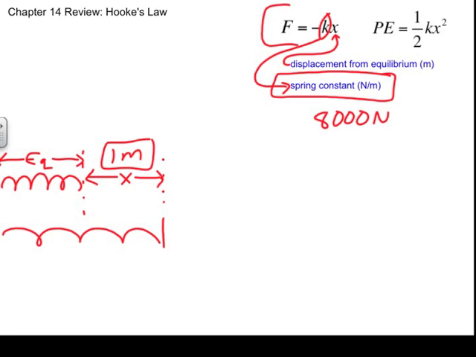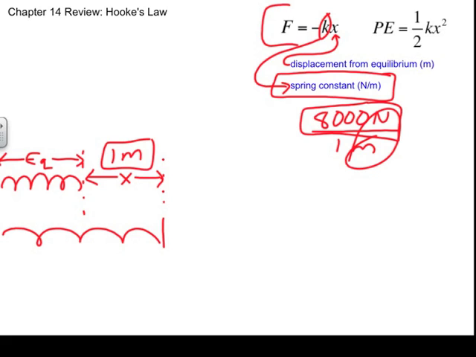So I had to use 8,000 newtons of force to stretch the thing out 1 meter. Well, you are looking at the spring constant right there with units of newtons per meter. So my spring constant would be 8,000 newtons per meter. That is a property of that spring, so that would be something that I could always carry, for example, from a part A to a part B in a problem, as long as it's the same spring.